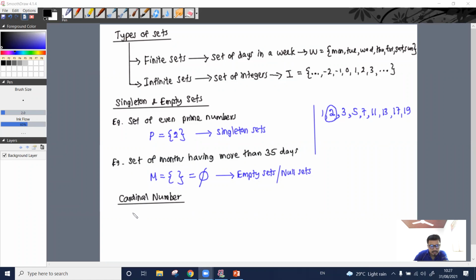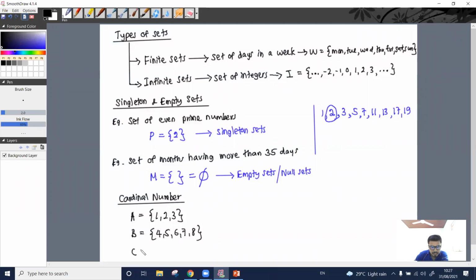If I take an example like this, set A equals 1, 2, and 3. Set B equals 4, 5, 6, 7, and 8.